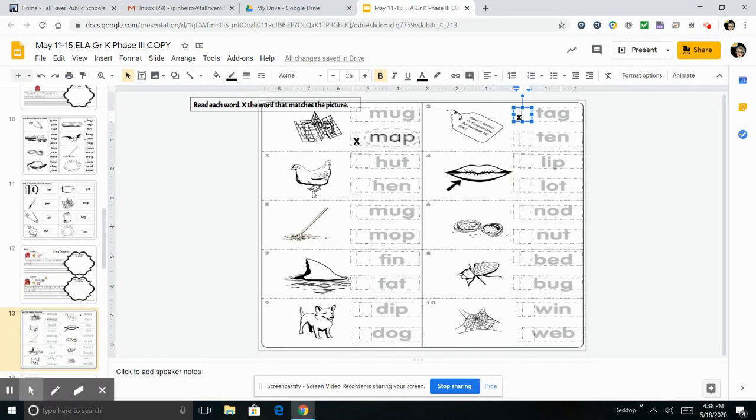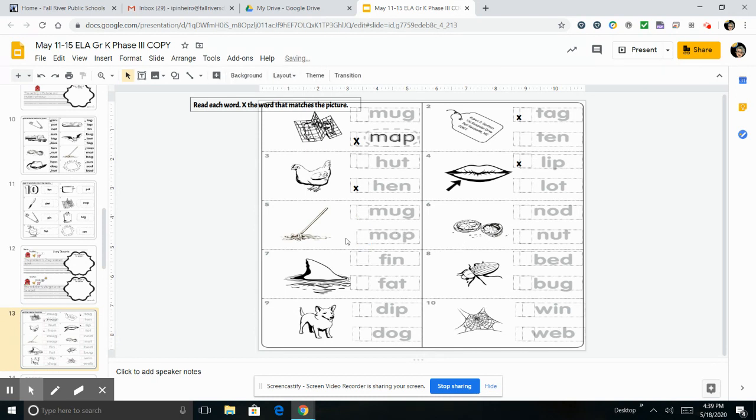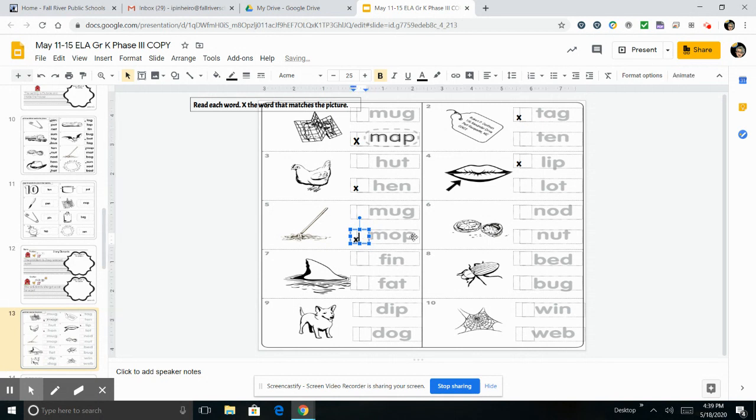Hen, hen. Lip, lip. Click the box, mark it with an X. Mop, mop. Oh, what did I do? There we go.